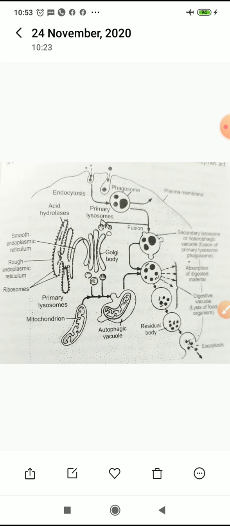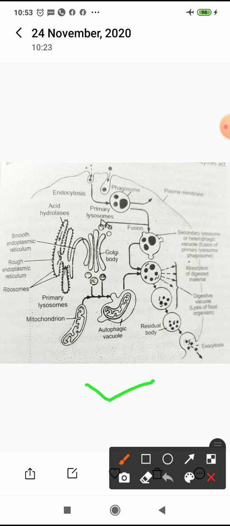The entire process of digestion is carried out within the lysosome. So here in this figure, you can observe the formation of lysosome from the Golgi complex.